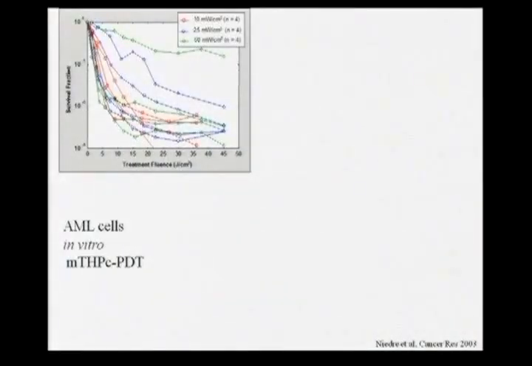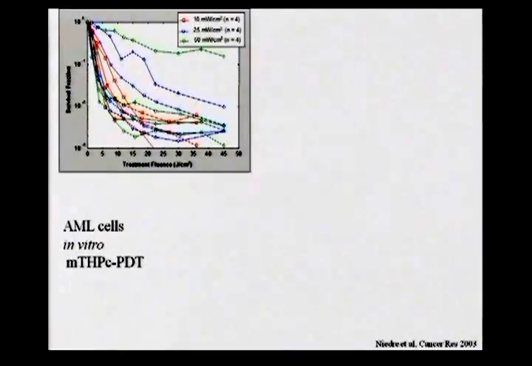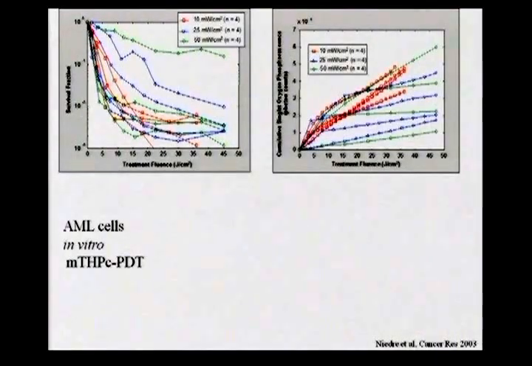So if you were treating a patient, you said, well, I think 25 joules per square centimeter is the right treatment. Well, in this patient, maybe it would work. In this patient, maybe this is a man with a tumor in the nose, nothing works. If you measure the singlet oxygen for each of these conditions, so this is light dose versus the total singlet oxygen generated, you see these curves are also all over the place.